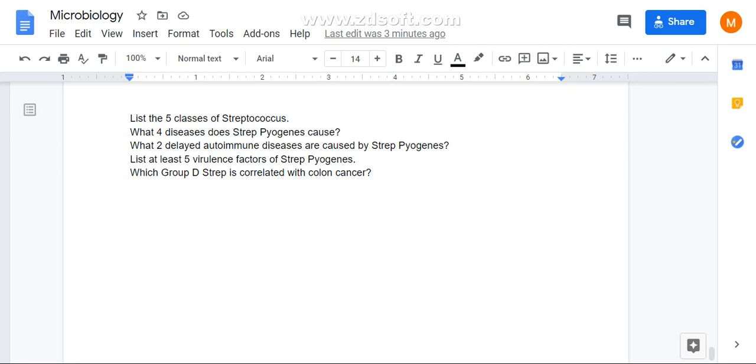Strep. Hold on. So we have the pyogenes. Yes, that's one. You have the Enterococcus. Well, Enterococcus is under a type of strep. So you have your pyogenes.